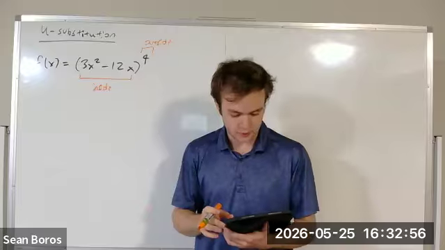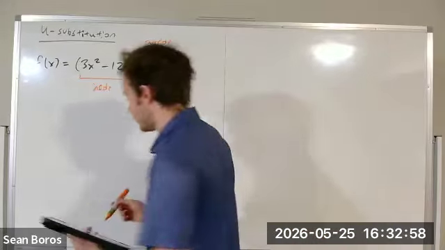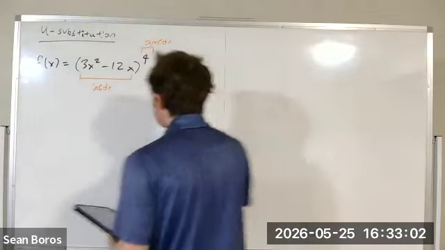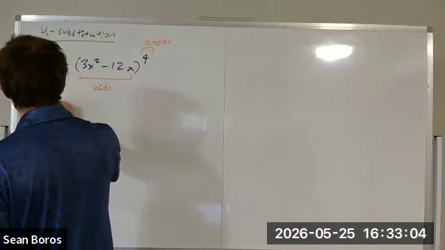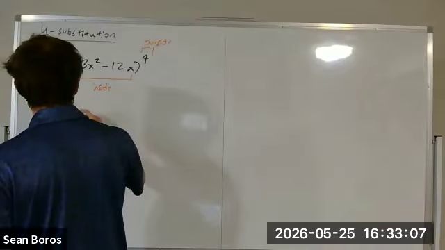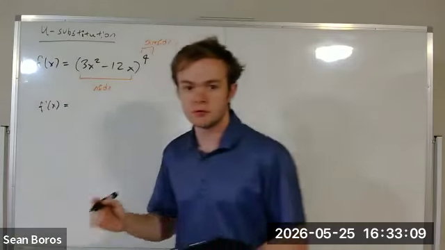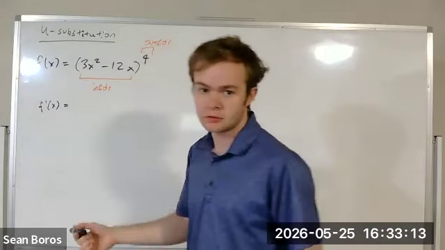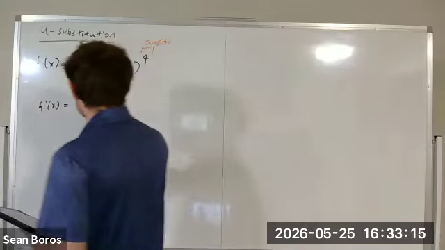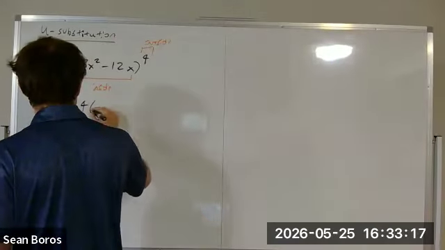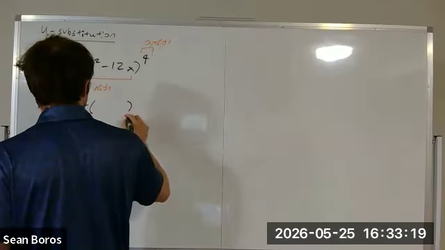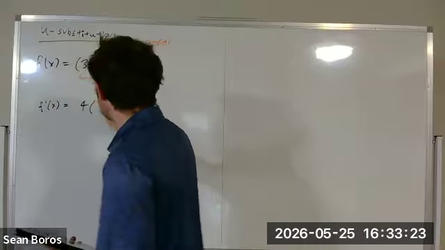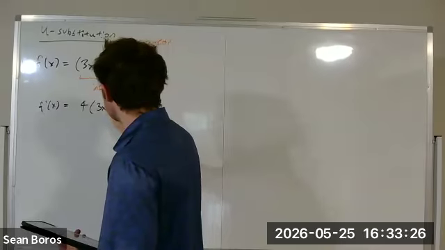Okay. So the way that we took the derivative of this type of function was we said that f prime of x equals the derivative of the outside function. The outside function is x to the fourth, so it's going to be 4 times the inside function to the third. That's the derivative, and here we plug in the inside function.